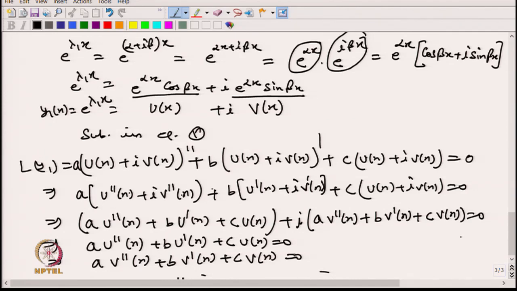So, now you can see that from the complex solutions I will get two real solutions which satisfy my differential equation, and that is u and v.